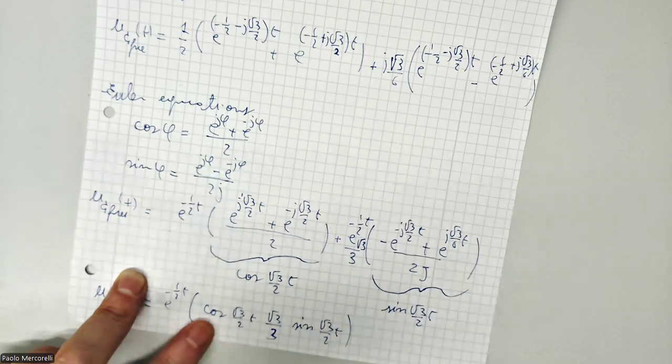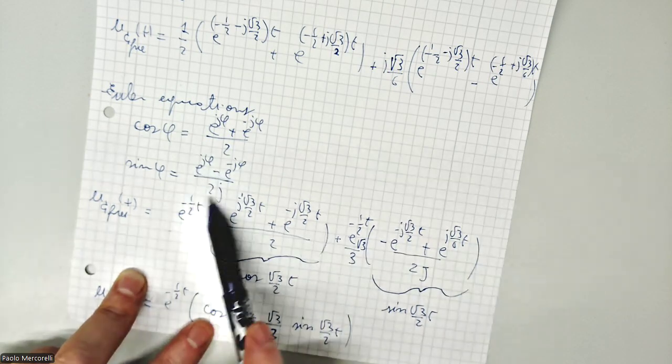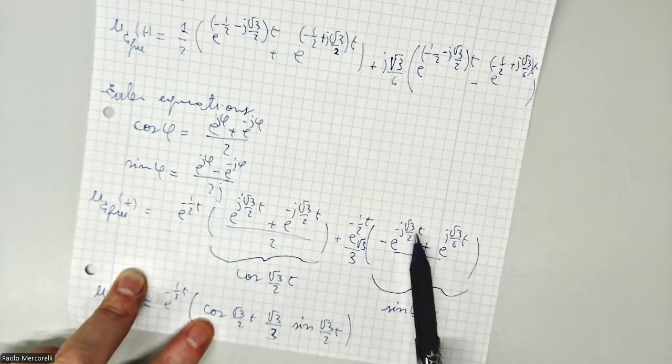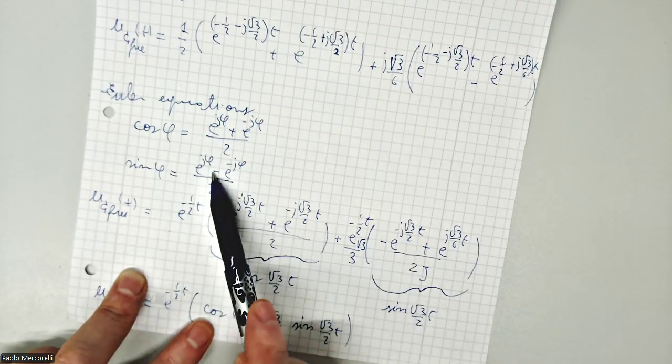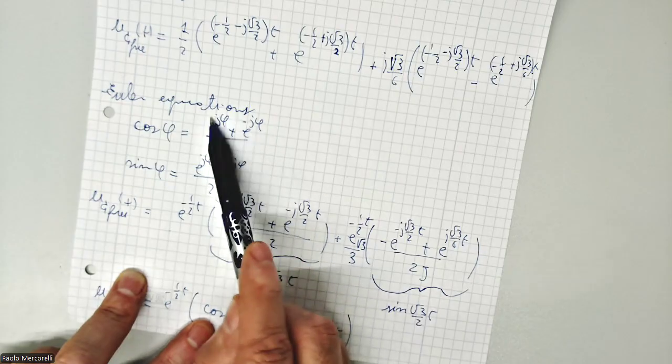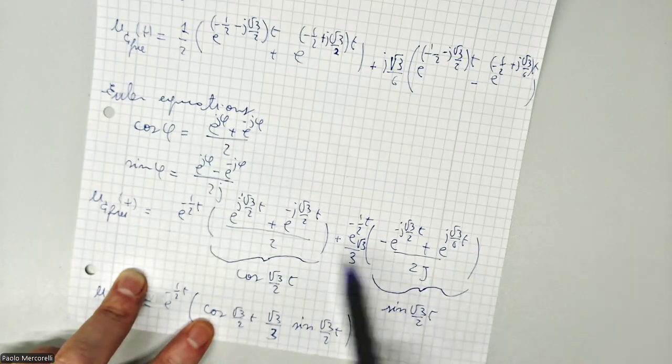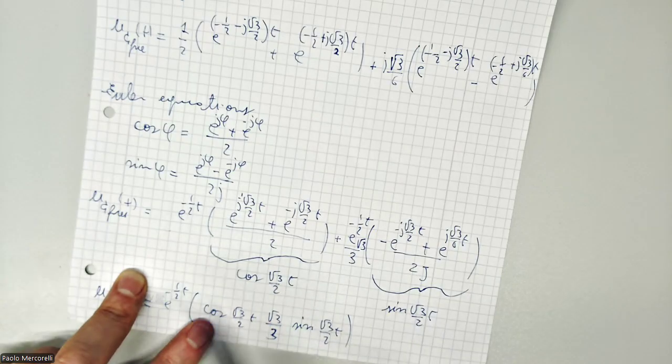Plus 1 which multiplies this expression, which has a plus j phi. It's exactly the same. No? This minus and this minus are here. Here we didn't have a problem because it's plus everywhere. Divided by 2j is sine of root of 3 multiplied by t, because this is our phi.